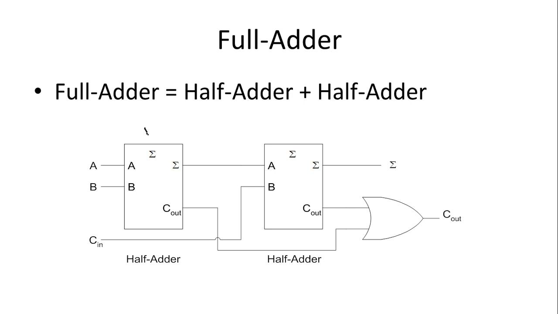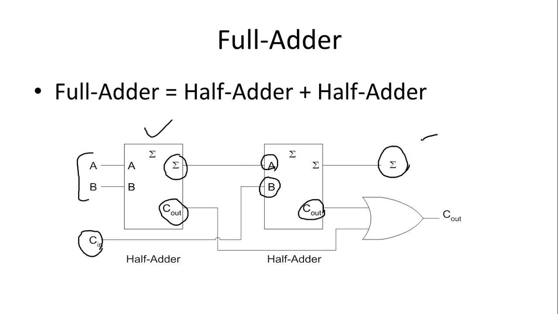For the first half adder, the inputs are A and B. It adds A and B and produces the sum of A and B and a carry out, but the carry in goes as input to the second input of the second half adder, and the sum of the first half adder goes to the first input of the second half adder, and C out of the first adder is ORed with the C out of the second half adder. So here we achieve sum and carry out just like a full adder.